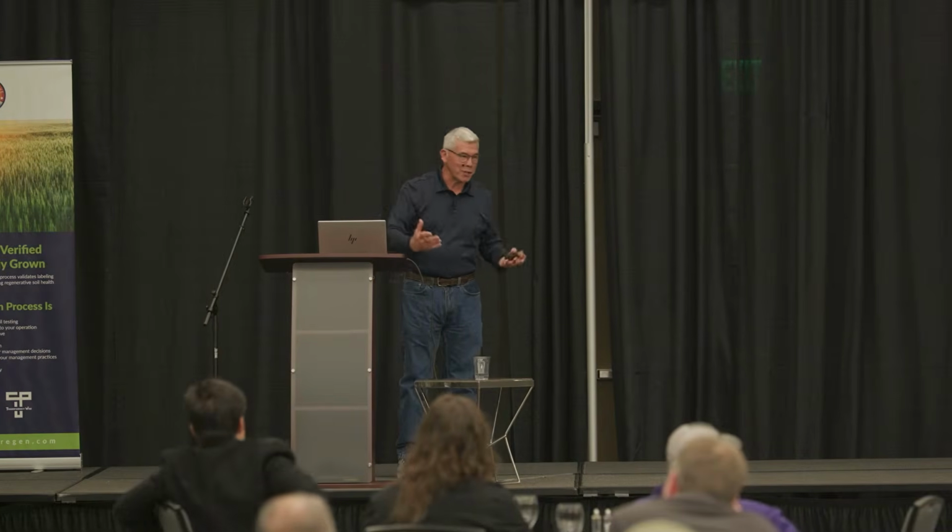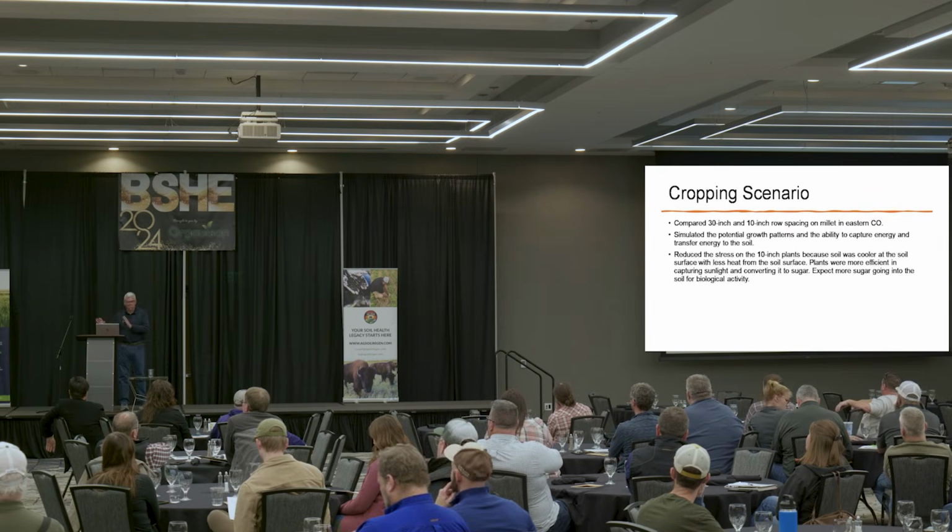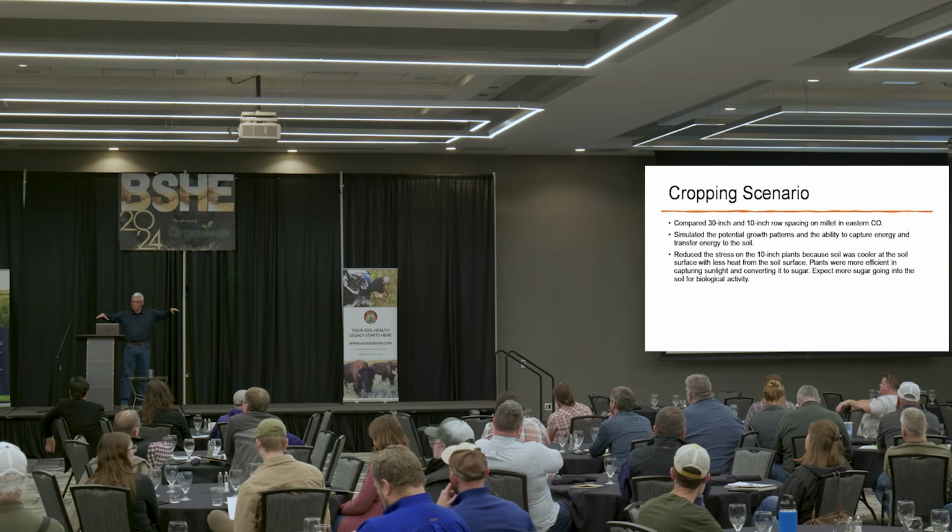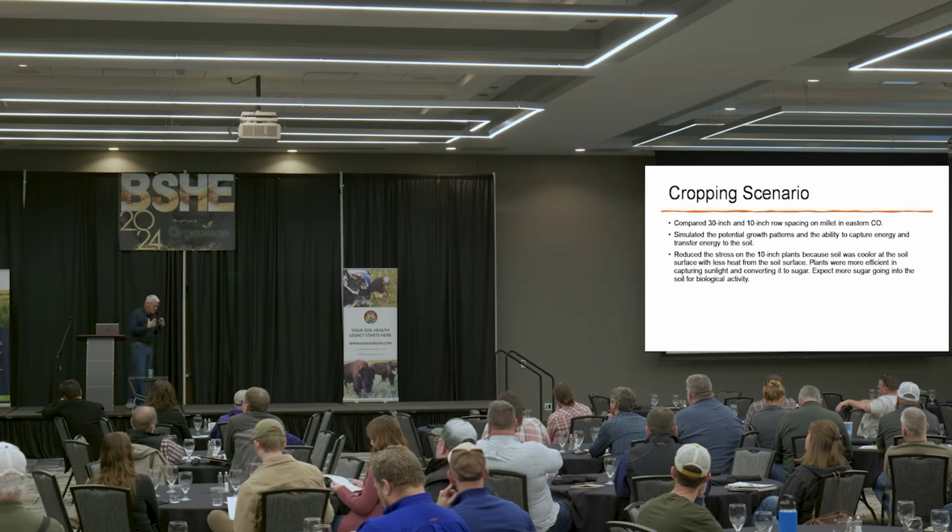So I simulated the potential growth patterns, the ability to capture energy, and transfer that energy into the soil. Bottom line is I began to reduce the stress in that 10-inch row plant because the soil was cooler at the surface. I was shading it quicker, and I had the residue on the surface. I had less heat stress because there's heat stress coming from that soil surface that nobody ever talks about.